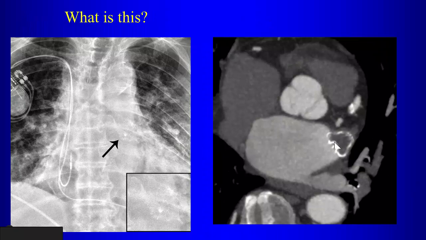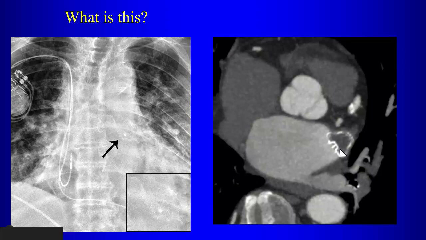This thing, that is a Watchman. This is placed percutaneously, right? And this is placed on the inside. So they go in through the right atrium, across the atrial septum into the left atrium, and then they place this, essentially a plug.